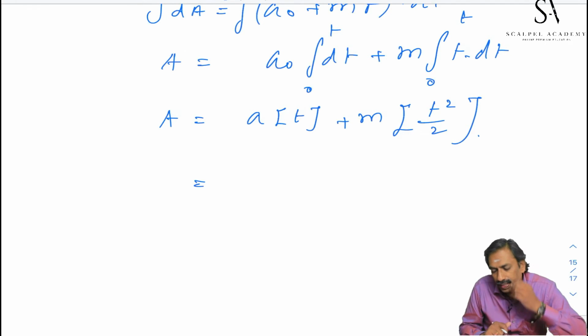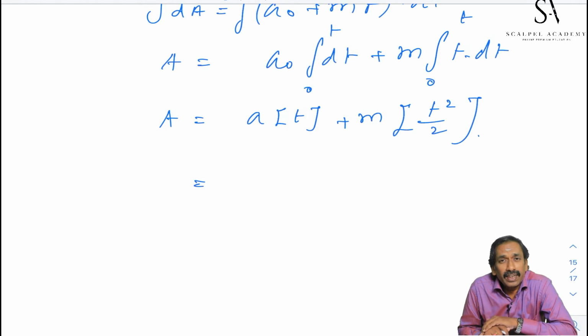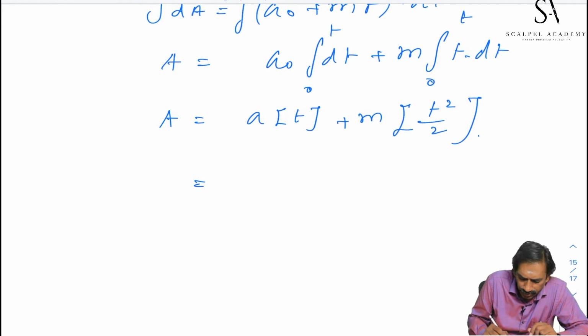At, acceleration into time. V is equal to u plus at. In dimensional analysis we can learn the product of a and t gives velocity. This is a change of velocity.